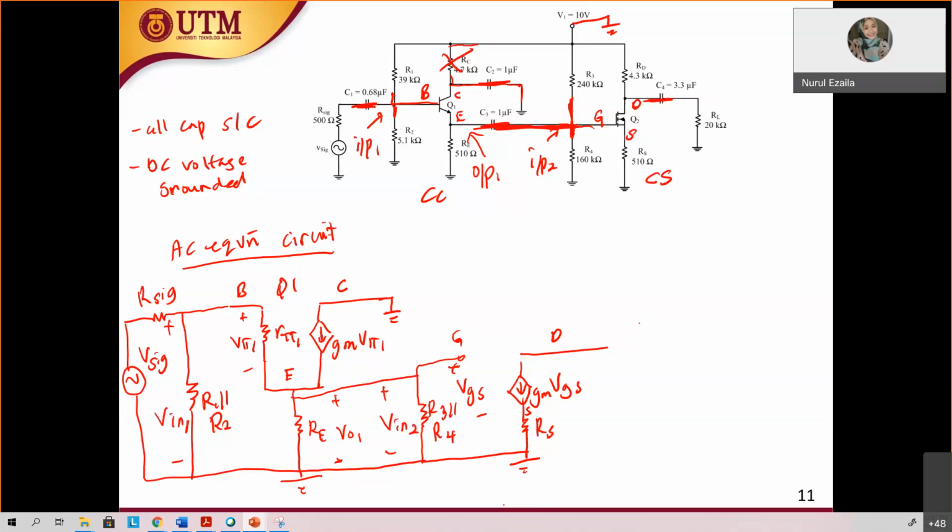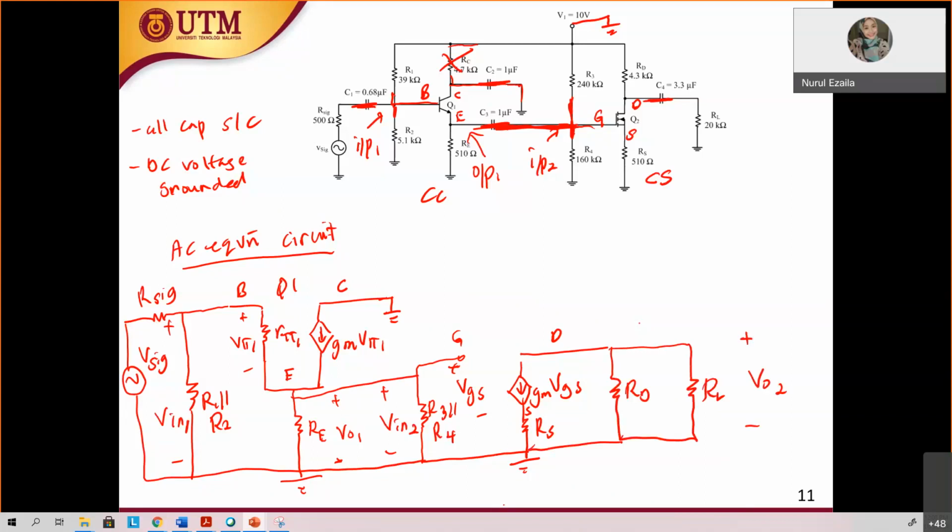At the drain, what do you have at the drain? Student, what do you have at the drain? RD. RD and RL. Yes, RD to the ground and also RL to the ground, and you have here V out 2.